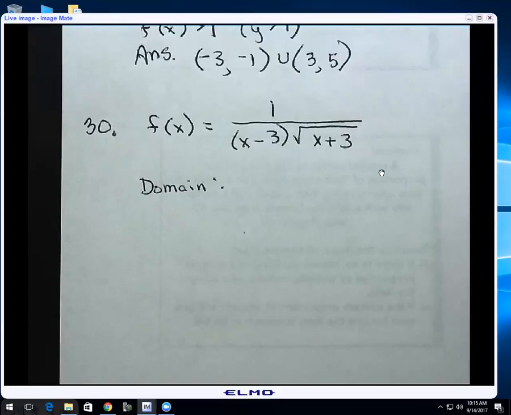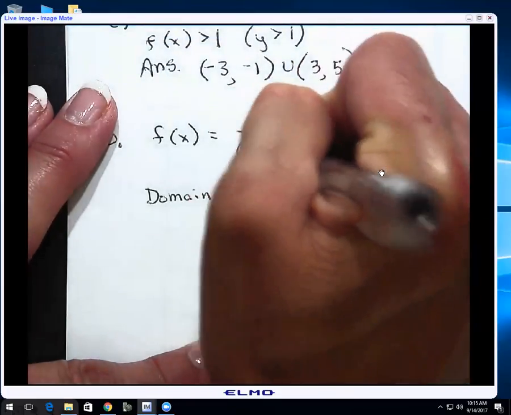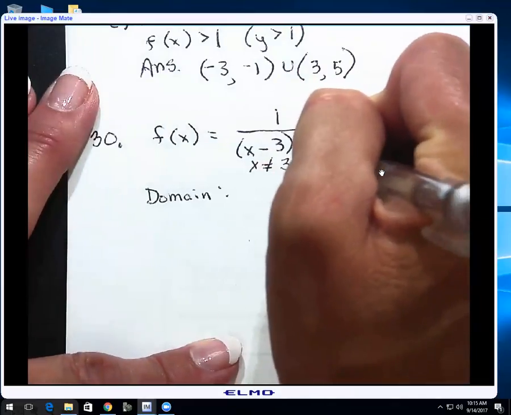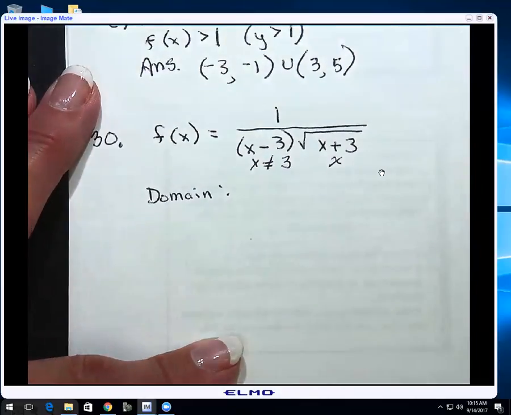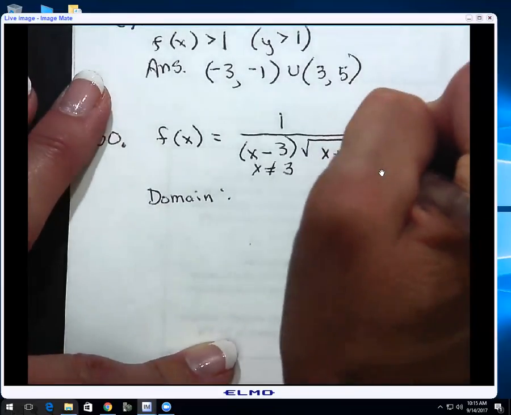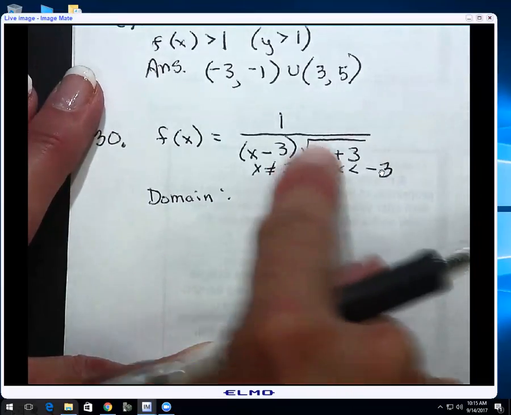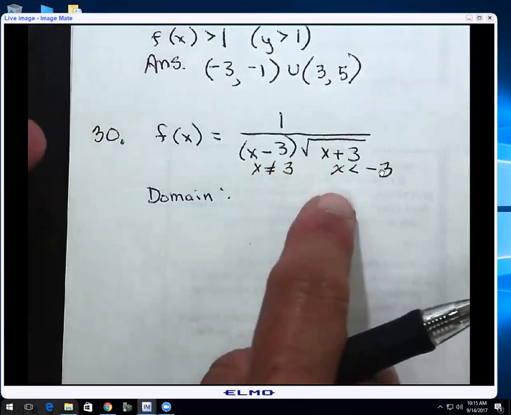All right. What could I not use in that expression? 3. I definitely can't use 3. Yes, it can't use anything lower than -3 because that will give me a negative under the radical. What about -3 itself?